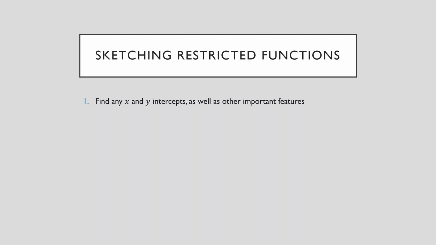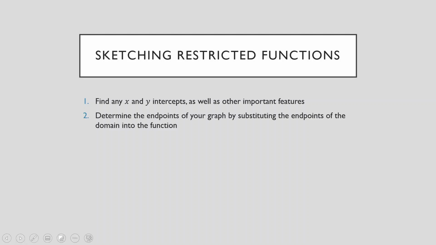Do that for now, even though you might not actually draw them because they might not be included in your domain. It's still good practice, at least for now, to find all these important features. Once you've done that, determine the endpoints of your graph by substituting the endpoints of the domain into the function. We'll see an example of that in a second.